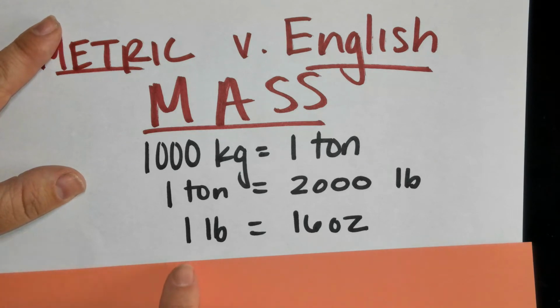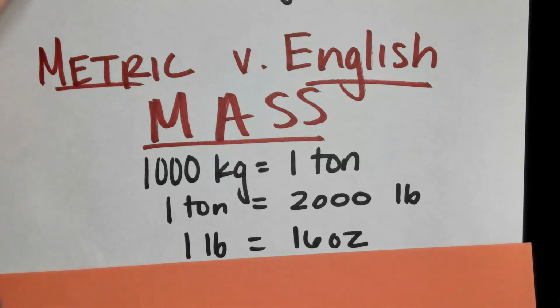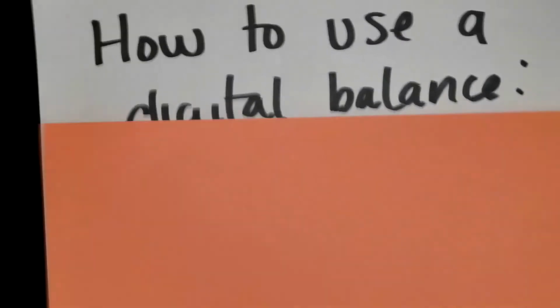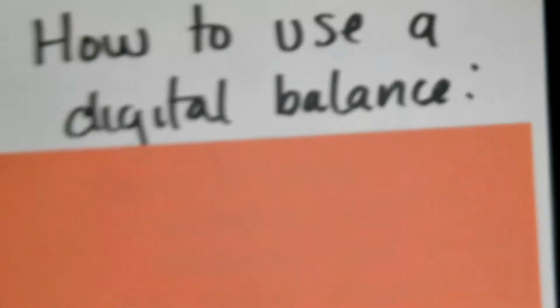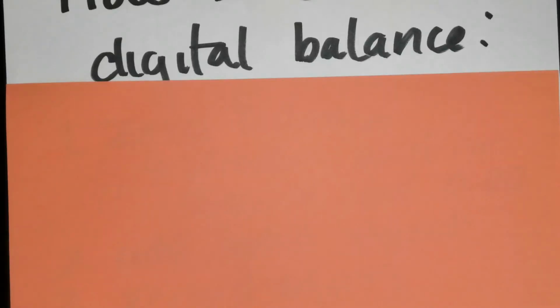And we measure what we like to generically call our weight, or our masses, in pounds and ounces, okay? So let's go ahead and take a look at how we use a digital balance. When we use a digital balance, we have to pay close attention and make sure, number one, that it's plugged in, but we also have to go through a process called zeroing the balance.